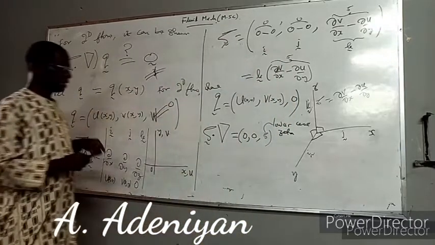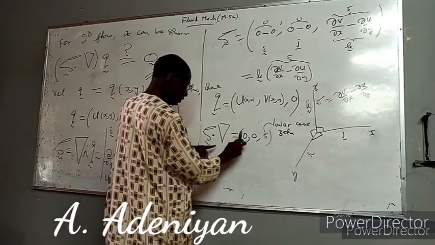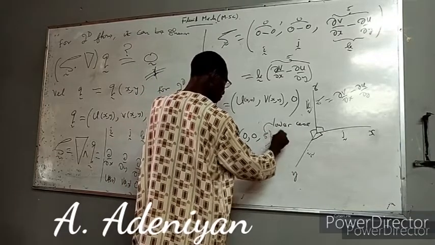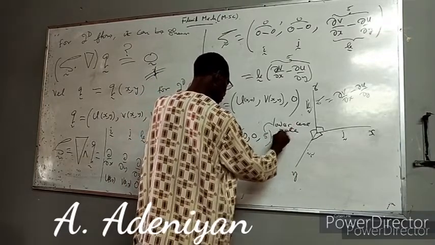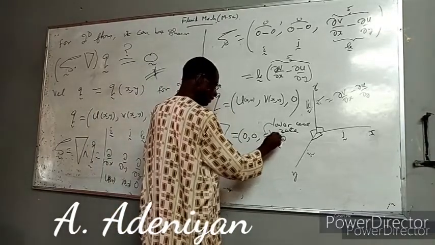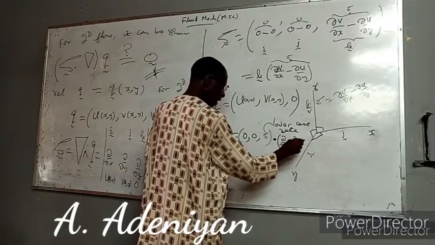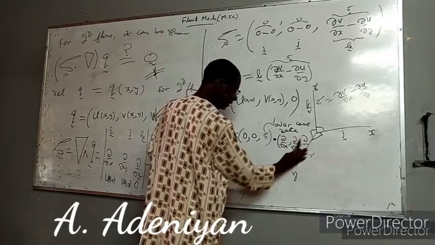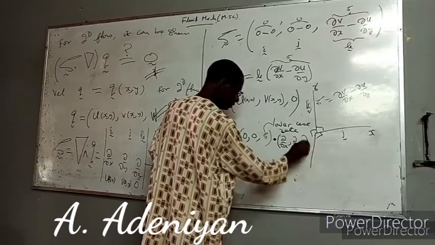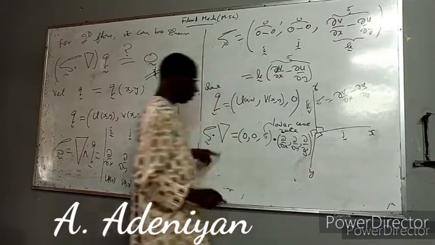Now, if we were to expand this, I'm going to dot it with nabla. This one has three components: ∂/∂x, ∂/∂y, and ∂/∂z.